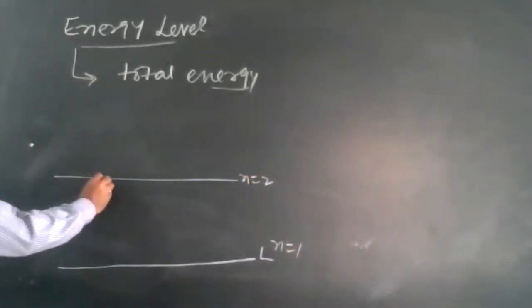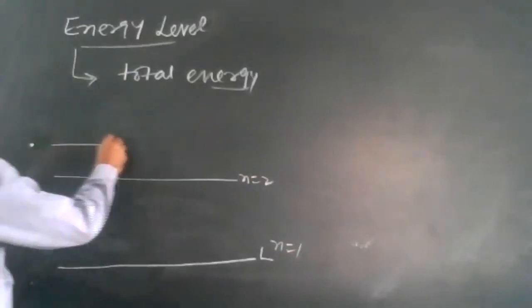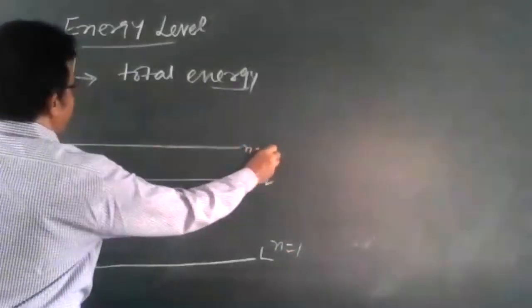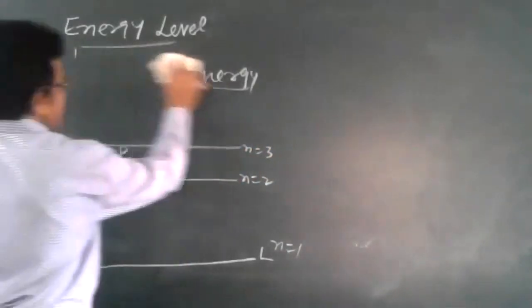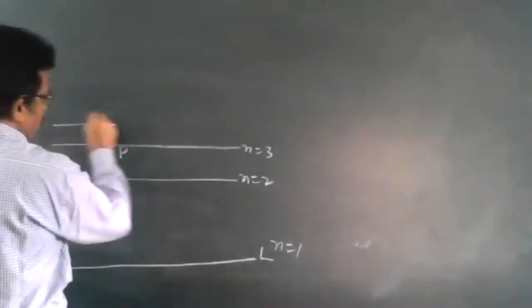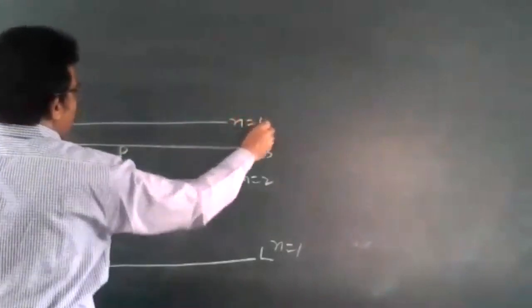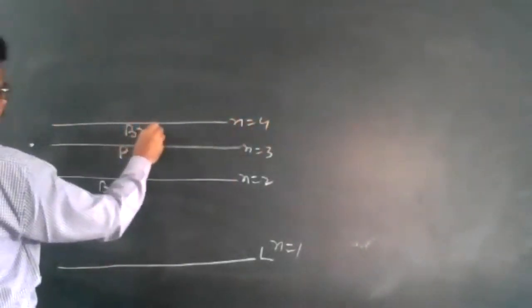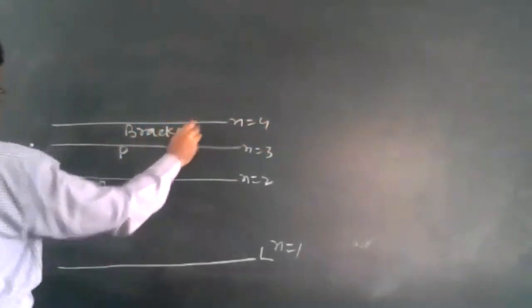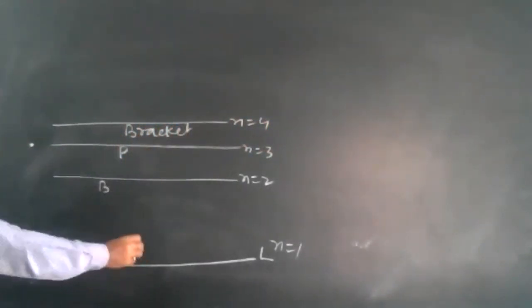That is the Balmer series. Here n is equal to 3, that is the Paschen series. Then n is equal to 4, that is the Brackett series. Here is the Lyman series.